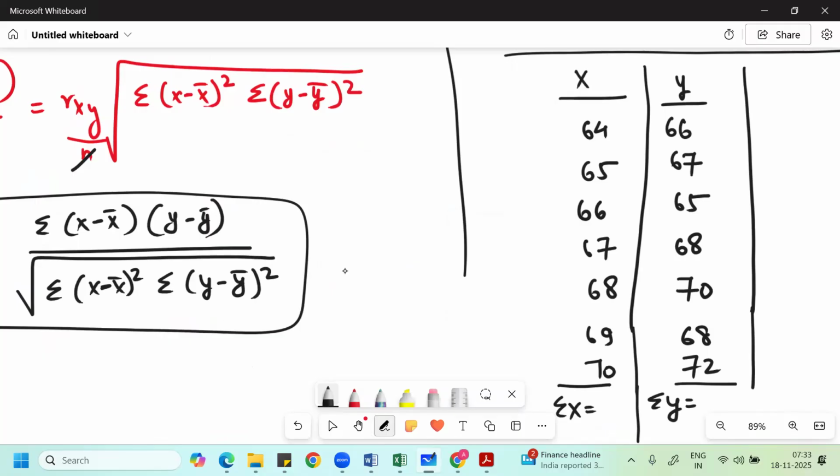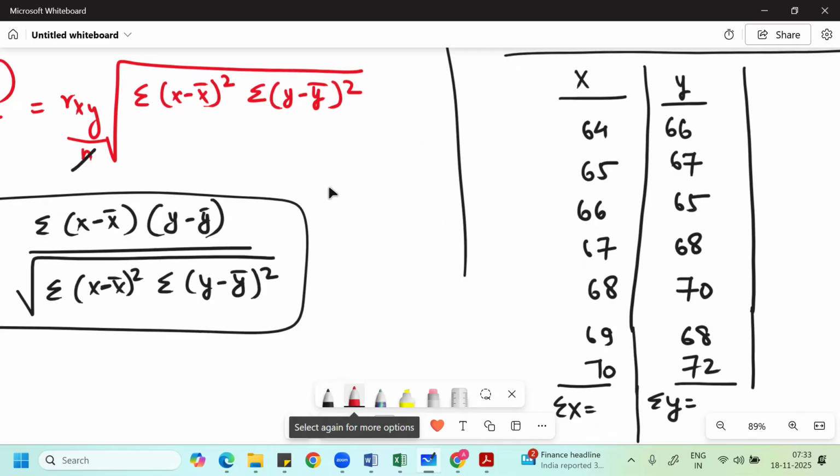I need x minus x bar, so whatever the x is, I need the average of that. I need y minus y bar. I need (x minus x bar) whole square. I need (y minus y bar) whole square.